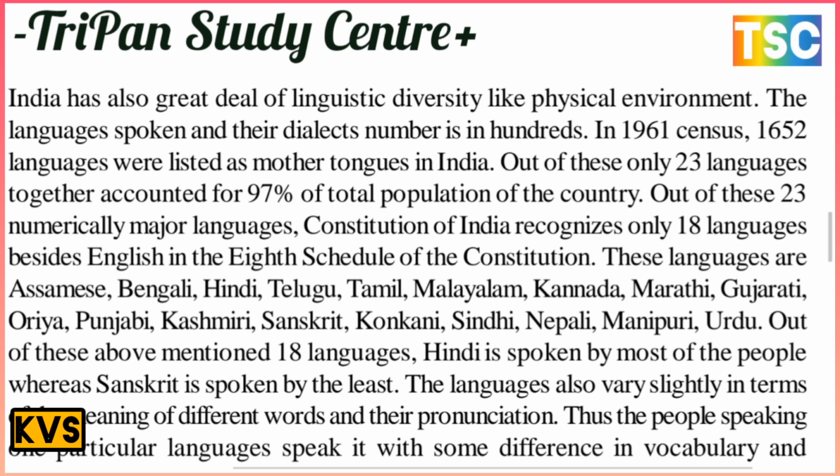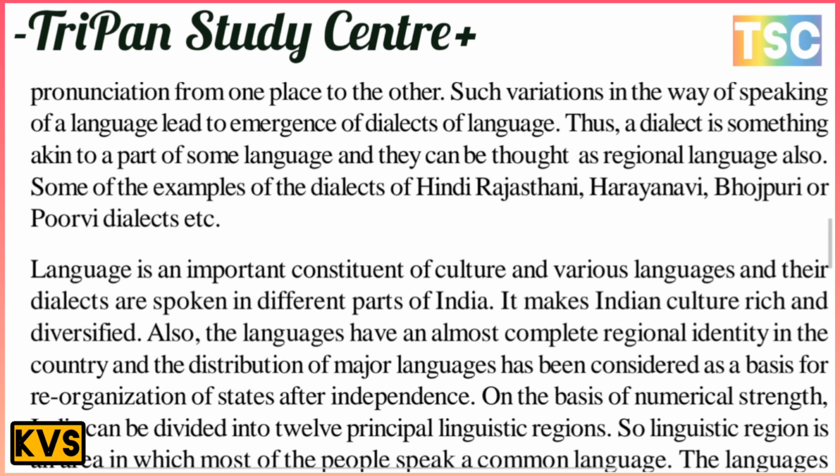Language also varies slightly in terms of the meaning of different words and their pronunciation. Thus, people speaking a particular language speak it with some differences in vocabulary and pronunciation from one place to another. Such variation in the way of speaking a language leads to the emergence of dialects of a language.